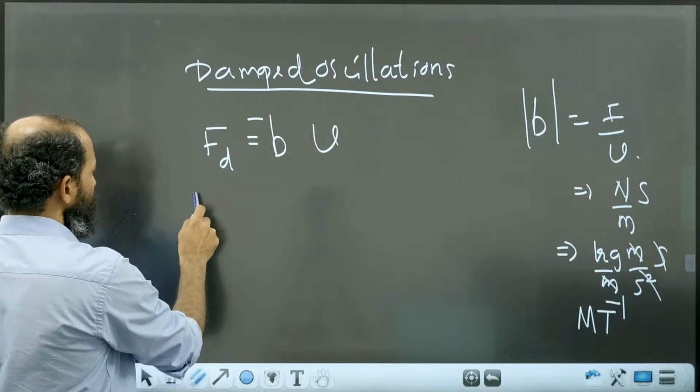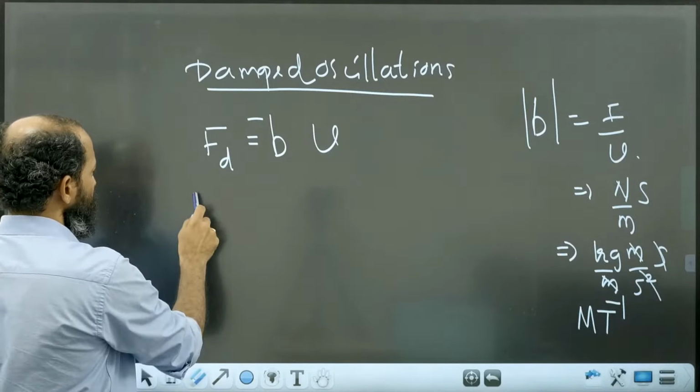But for simple harmonic oscillations, omega and period are constants, but amplitude is decreasing continuously. Let us see how amplitude is decreasing. For that, let us write the equation for the total force. Net force is equal to minus kx minus bv. So the differential equation should be m d square x by dt square plus kx plus b dx by dt equal to 0. It's a quadratic equation.